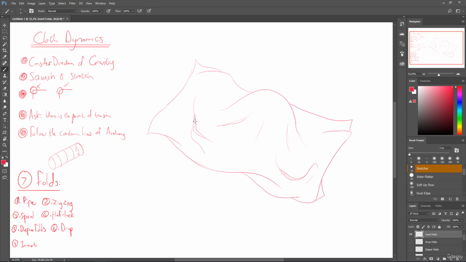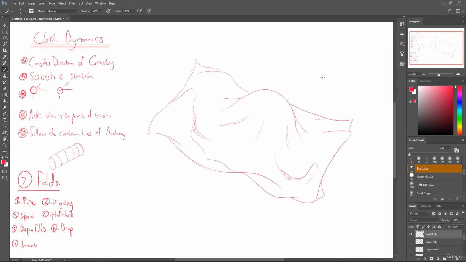And these types of folds would be called the inert folds, because they're not really the result of any kind of tension or gravity on them at present. They just happened at one point, and so they just continue to stay there. They maintain their form, right? And these are inert folds.